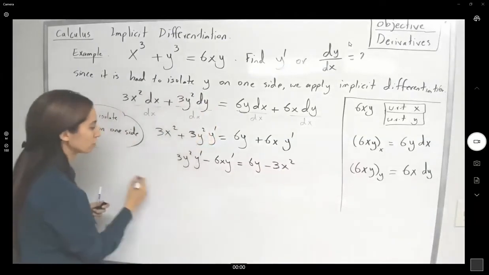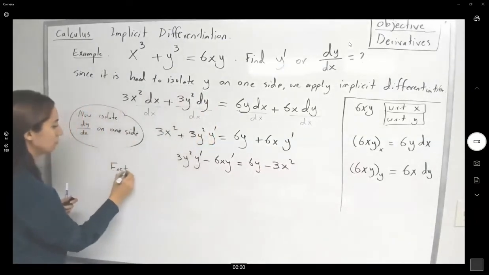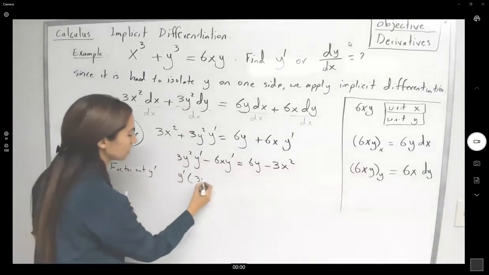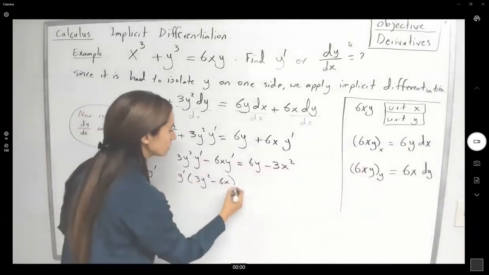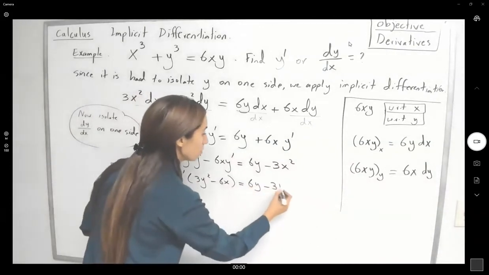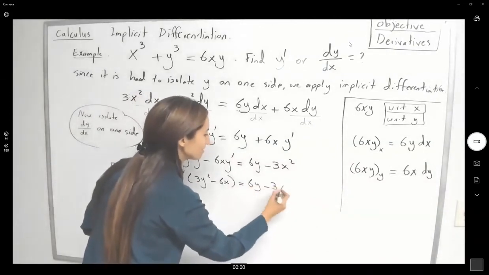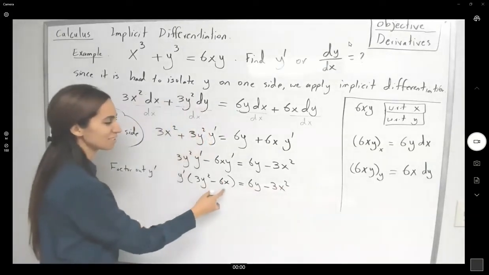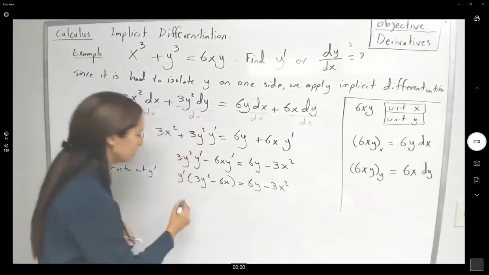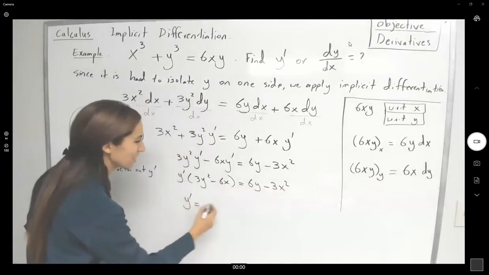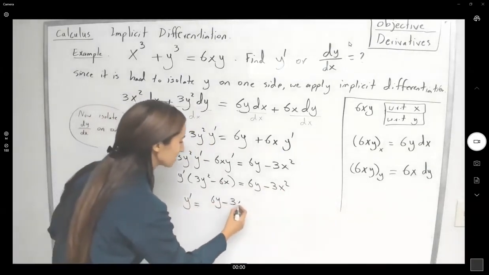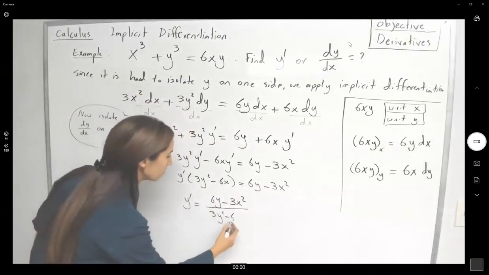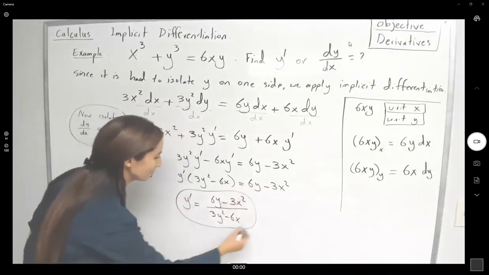Now we can factor out y prime. You end up with y prime times (3y squared minus 6x) equals 6y minus 3x squared. Then divide everything by 3y squared minus 6x to isolate your y prime on one side: 6y minus 3x squared divided by 3y squared minus 6x.